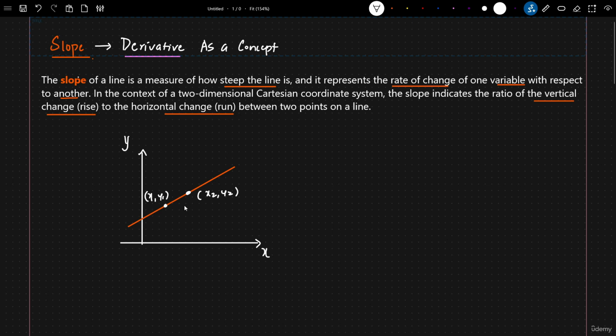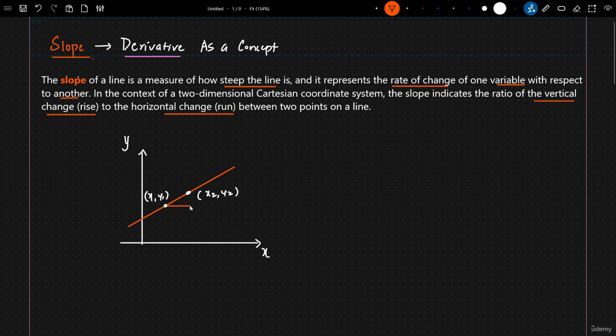Now, slope basically means what is the rate of change of one variable with respect to another? So let's say if I move along my x-axis over here, let's say this is 1 unit or this may be 2 units.